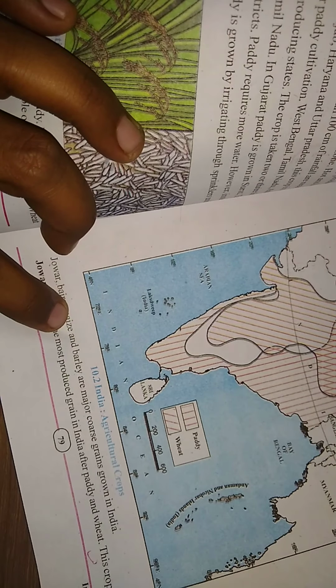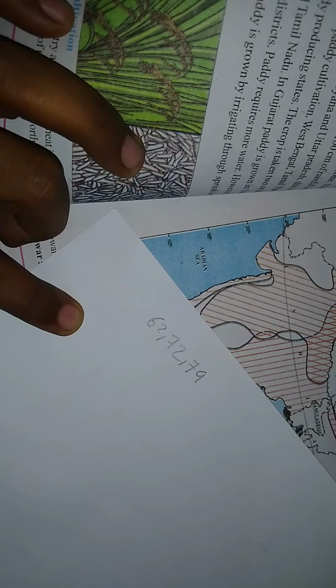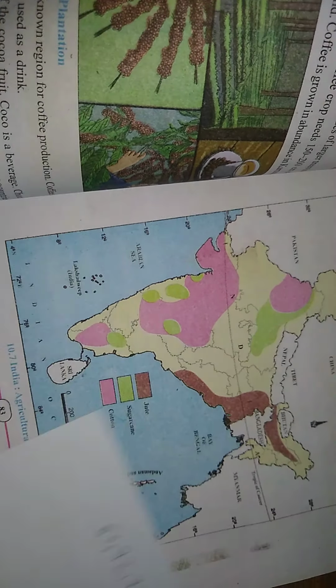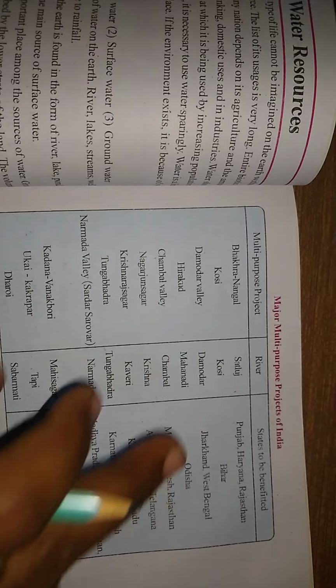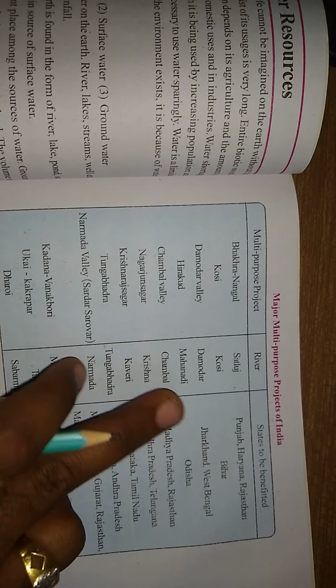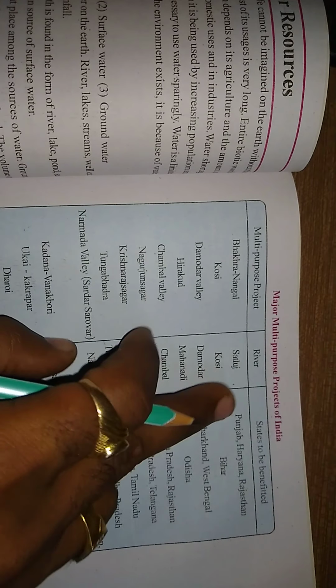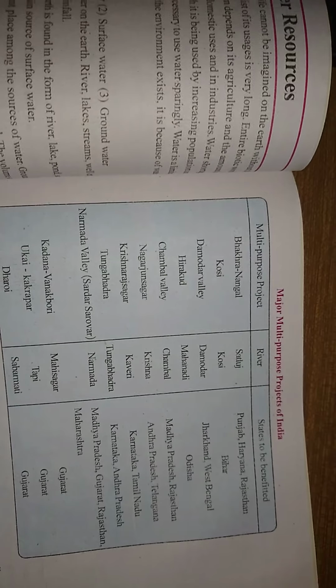this map, which is on 79. Then we have 83. Then we have 91. Now this I already uploaded one video how to draw rivers. So you have to practice from that. Okay, on every river you can point out the multi-purpose project, and I already uploaded one video long back.